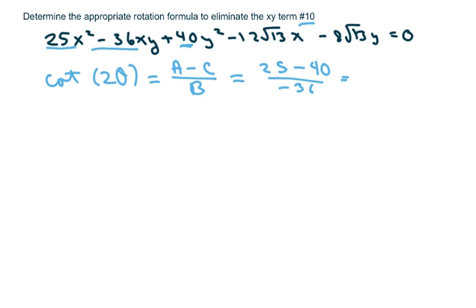You simplify that, you're going to get 5 over 12. So that's your cotangent of 2 theta. So what would cosine of 2 theta be? That would be 5 over 13. Because remember, this is x over y, and this is x over r.